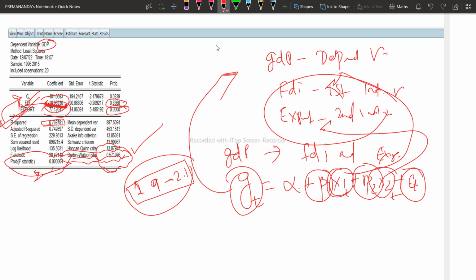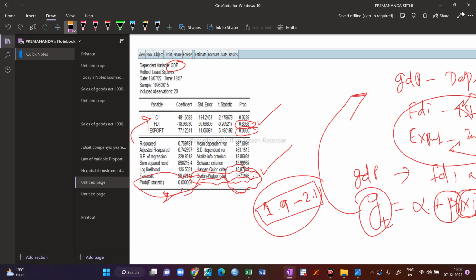Here my first independent variable FDI is insignificant and has a negative relationship with GDP, and my second independent variable is export, which is having a significant as well as positive relationship with GDP. Okay, so this is all about how to run a regression analysis using Eviews. Okay, so thank you so much.